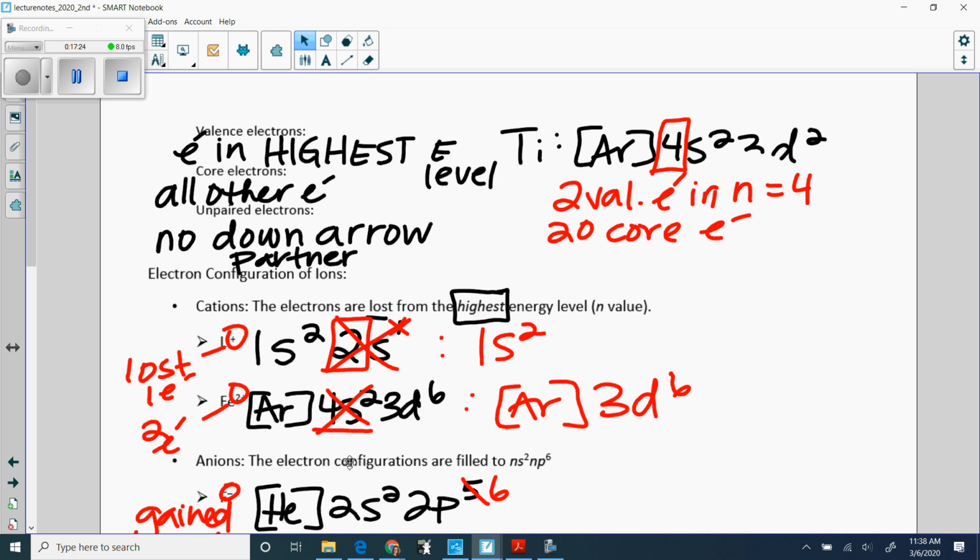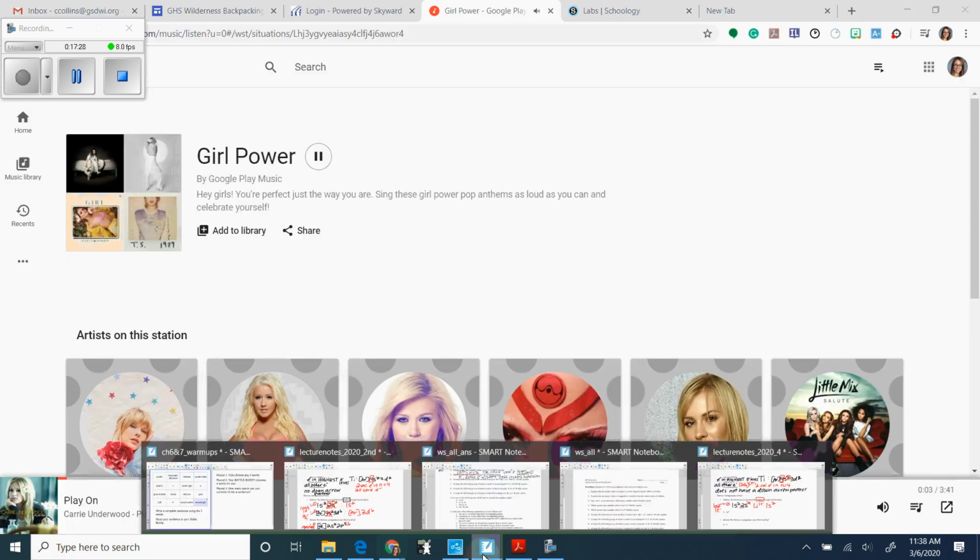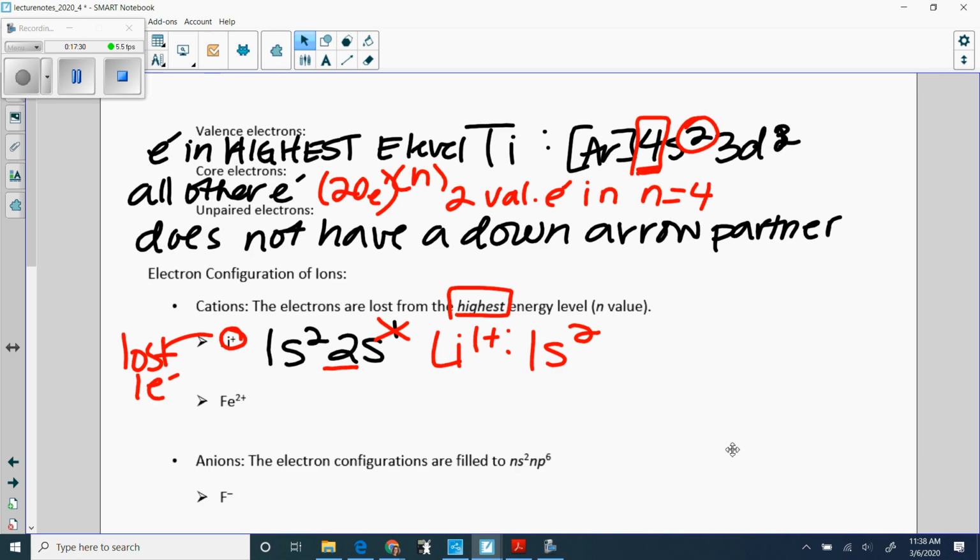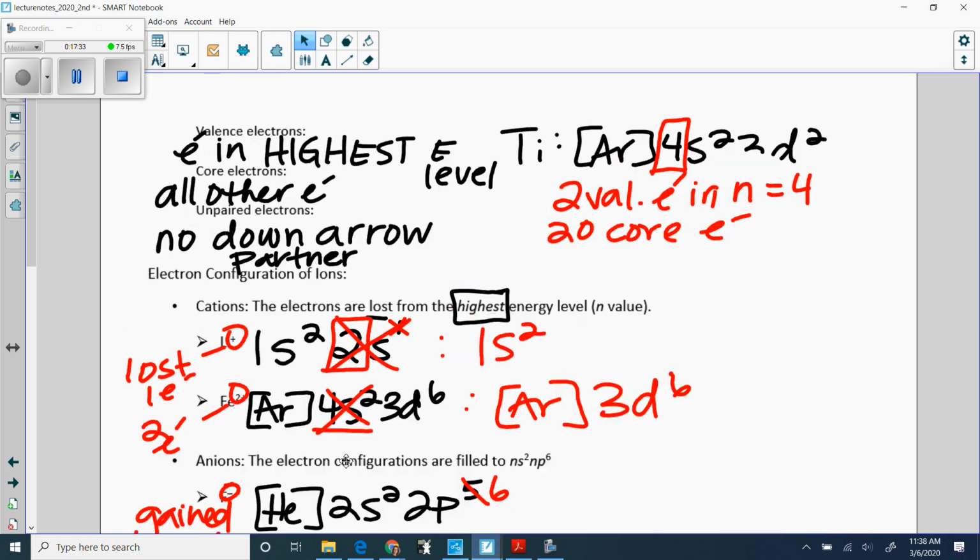No, that's not the highest. 3 is low, why would you do that? 4 is bigger than 3. I know you wouldn't, and I'm obviously over exaggerating, but make sure you're not just doing the next one in the pattern. It's going to go from the highest because that's furthest out. Okay, that's crazy.